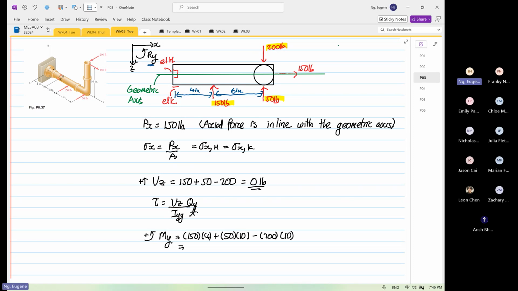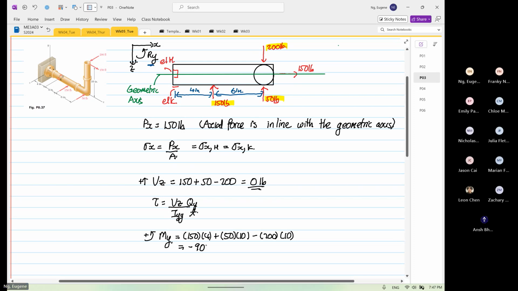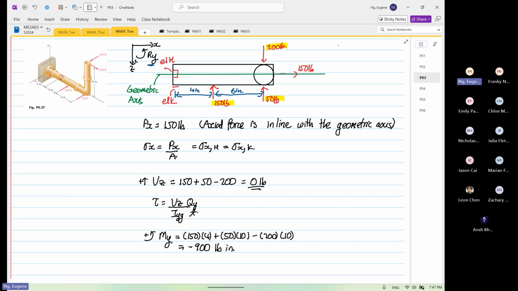So this works out to be 150 times 4 plus 50 times 10 minus 200 times 10 is equal to minus 900 pound-inch. Let me calculate again.